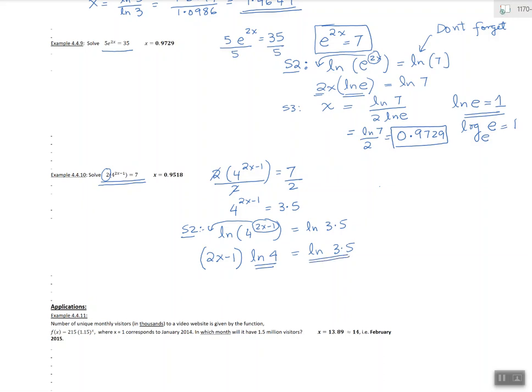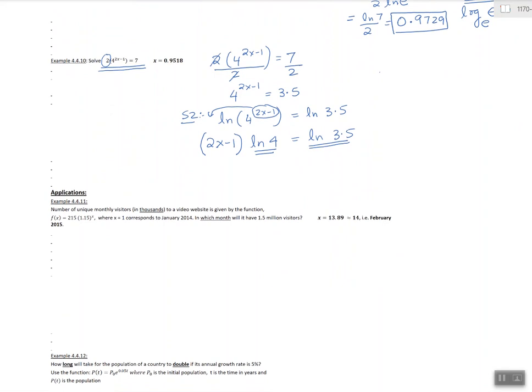Now remember, ln 4 and ln 3.5, these are just numbers. They're strange looking numbers, but they're basically numbers. So now it's a simple equation, and we can solve for x. So one way to solve it is divide by ln 4 on both sides.